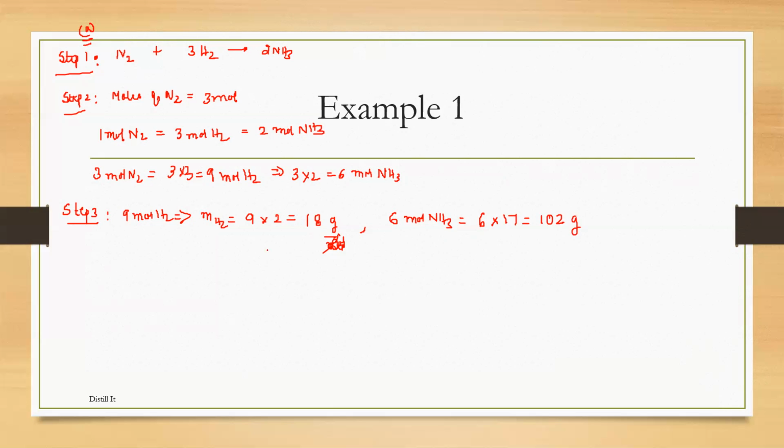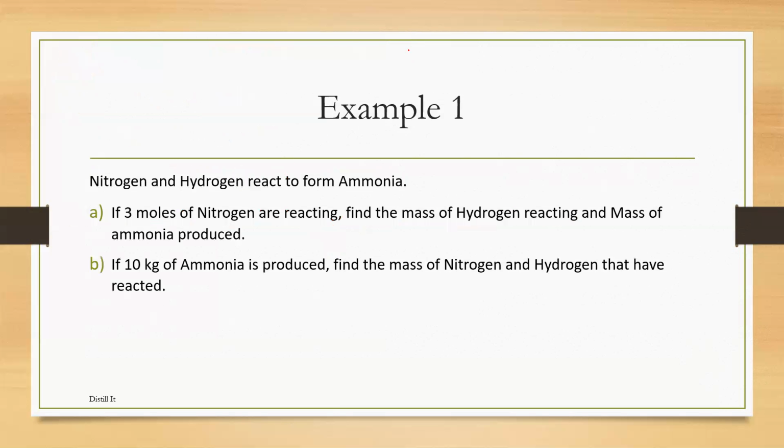So you have 18 grams of hydrogen and 102 grams of ammonia. This is how you are going to do your stoichiometry based calculations. So pause the video and try to solve B part yourself.